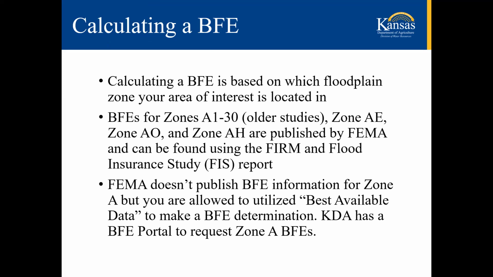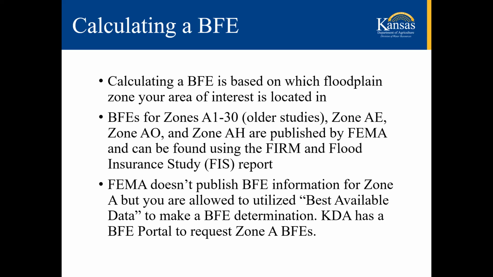AE, AO, and AH are published and can be found using the FIRM and the flood insurance study, which again is the report that's developed along with the FIRM to demonstrate how all of the data was collected and used to make the map, as well as some history on that community and their flooding sources and that kind of stuff. So again, the Zone A does not have published base flood elevations, but you can use best available data to make that determination.